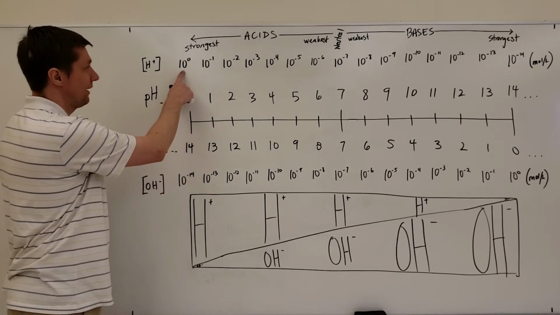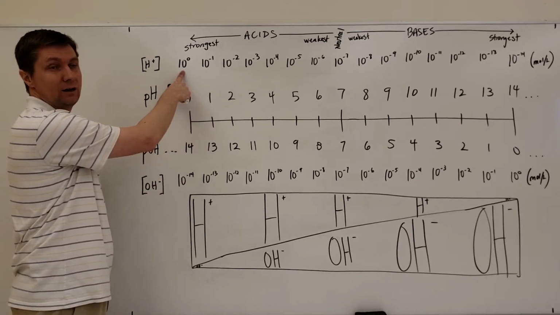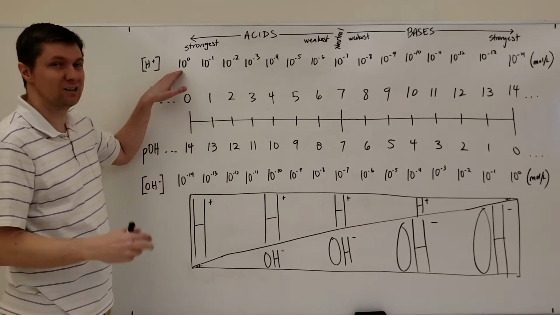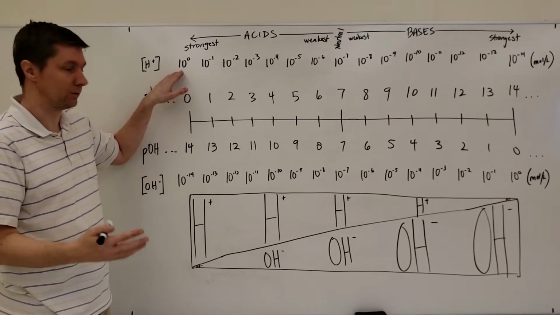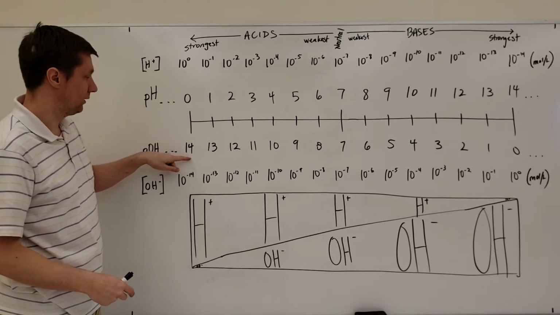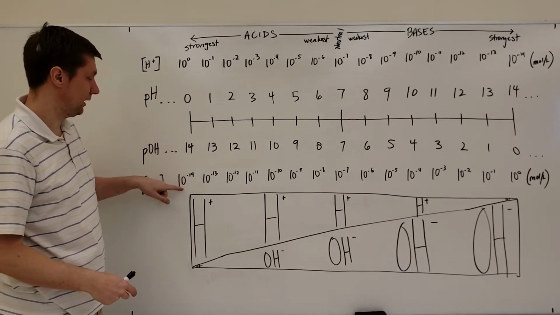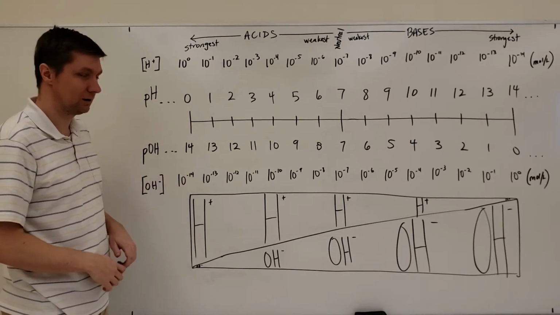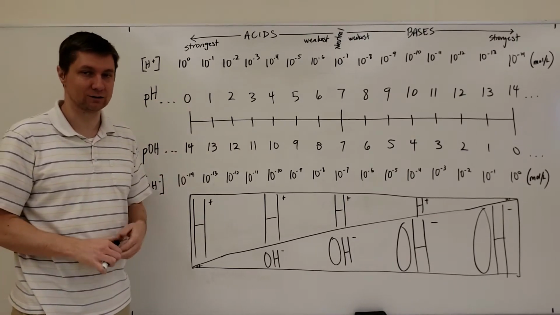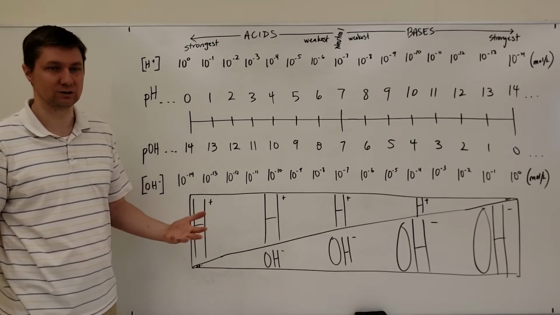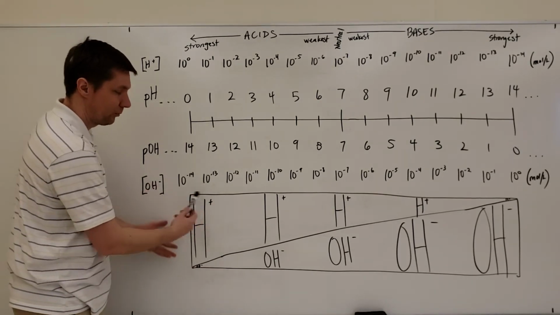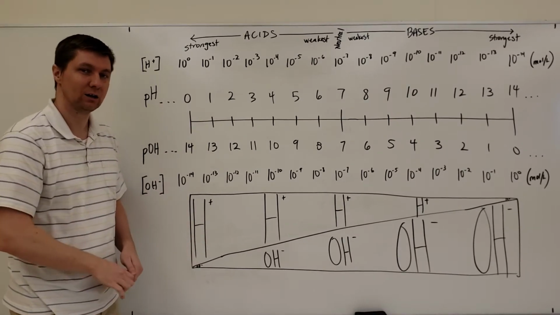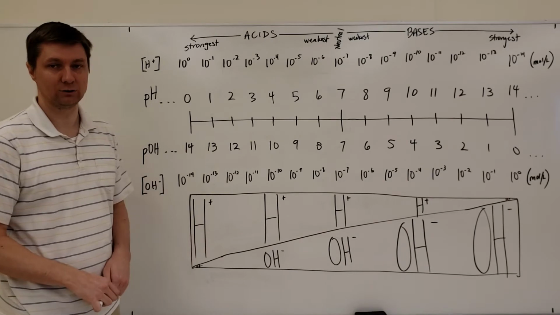You can see that for a really strong acid, I'll have a hydrogen ion concentration of 10 to the 0, or in other words, 1 mole per liter. And for hydroxide ion concentrations at that same pH, you can see that the concentration of hydroxide ions is 10 to the minus 14. It's a really, really small number. And so acid properties dominate this side of the scale because there are way more hydrogen ions in those solutions than there are hydroxide ions.